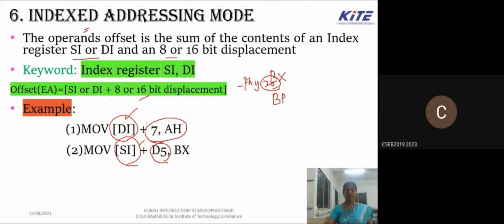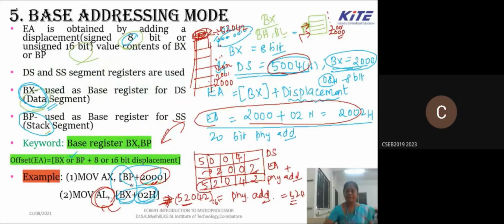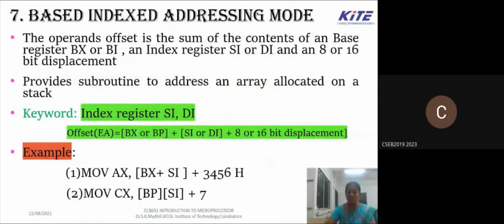It is very simple, as is the indexed addressing mode. Since this is similar to the previous example, are you clear? Shall I move on to the next? Yes ma'am.